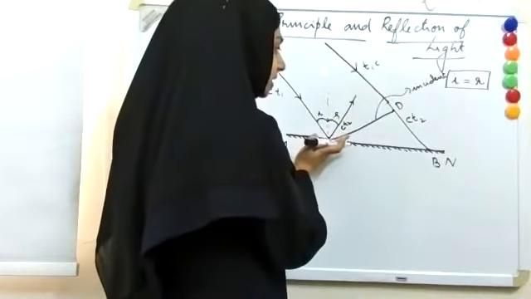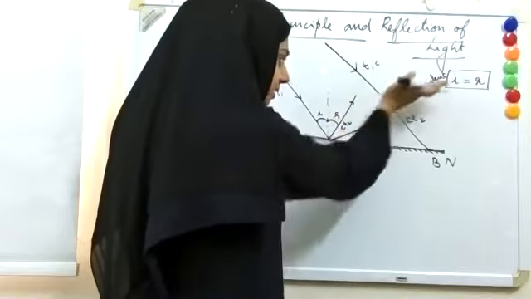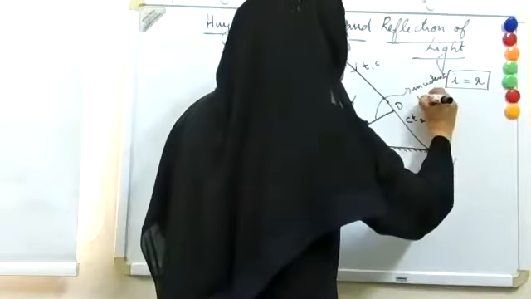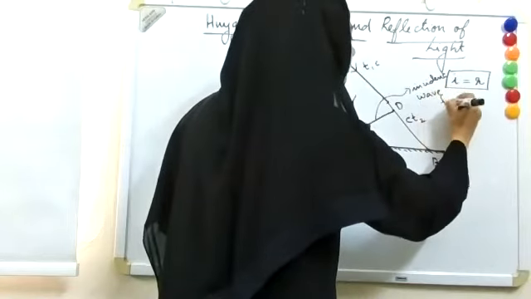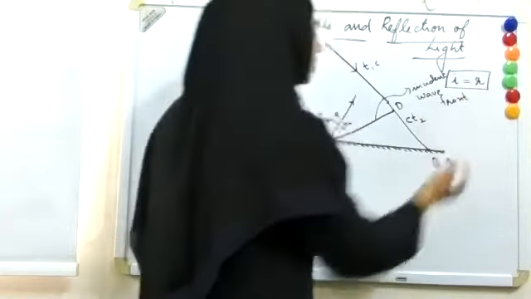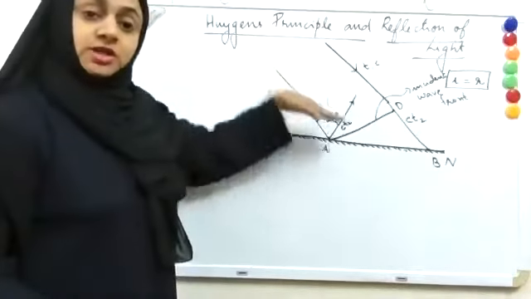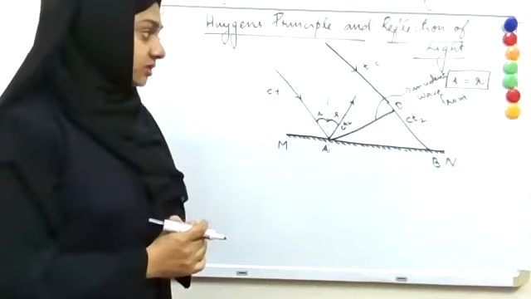The line which is perpendicular to the two incident rays of light is the incident wavefront. We learned that a wavefront is always perpendicular to the light rays or the direction of propagation of the light rays.